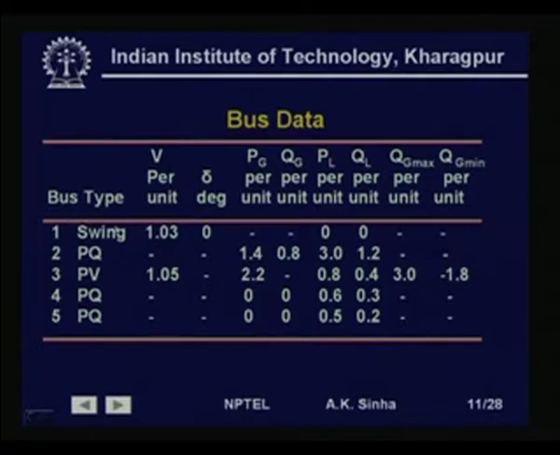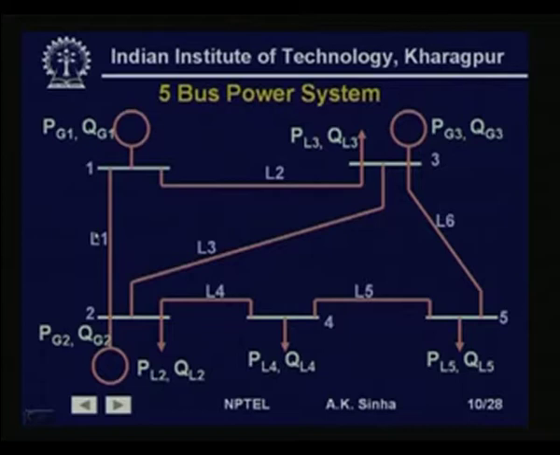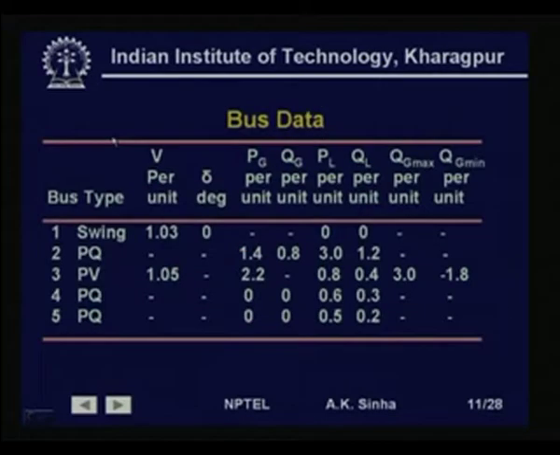So, if we look at this system, we have specified bus 1 as our swing bus, whereas bus 2 is specified as a PQ bus. For the swing bus, the specified variables are the voltage magnitude, 1.03 per unit, and the voltage angle, 0 degree.